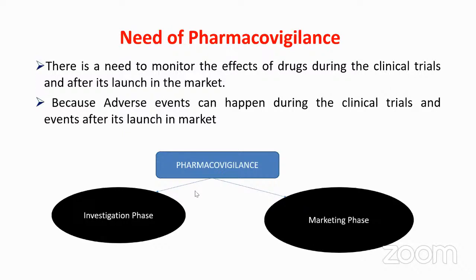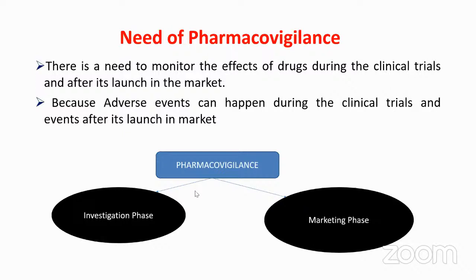So if we are taking extra artificial substances for conditions and other diseases, other than internal substances, definitely the body will react in a different manner. It will produce other effects along with the normal treatment effects. It may produce adverse drug reactions. So at that time we should have pharmacovigilance on a very active basis in the clinical trial.